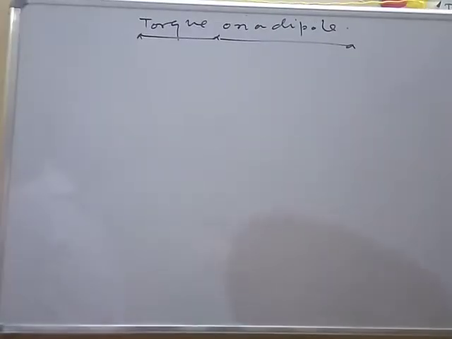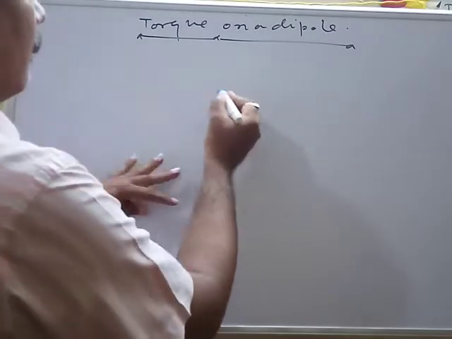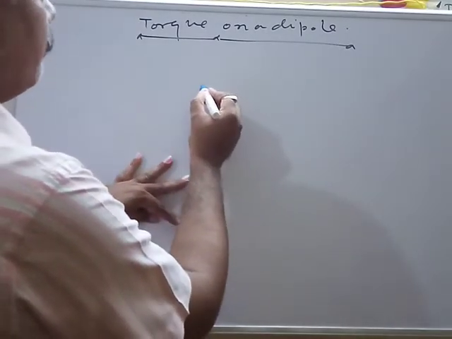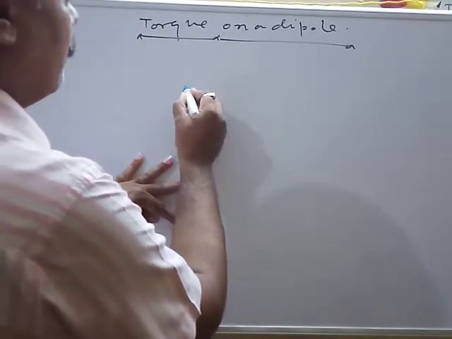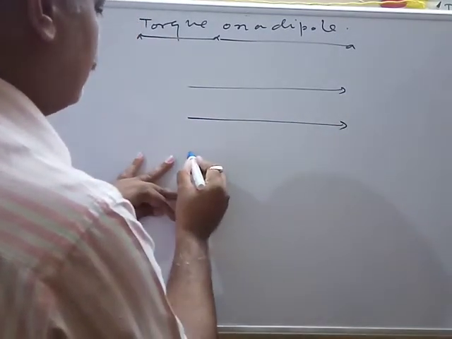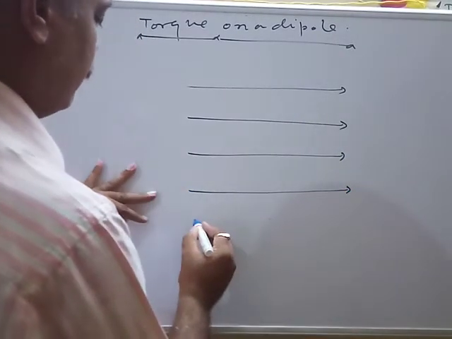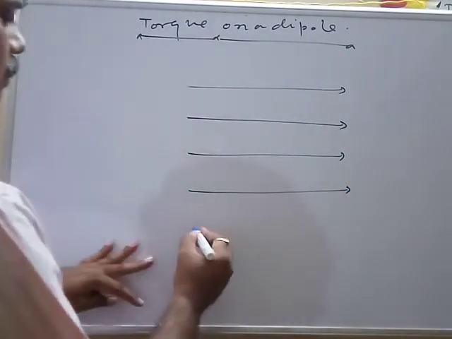Thus, torque experienced by an electric dipole in a uniform electric field. Consider an electric dipole forming with two charges plus q and minus q, having dipole length 2L, placed in a uniform electric field E as shown.